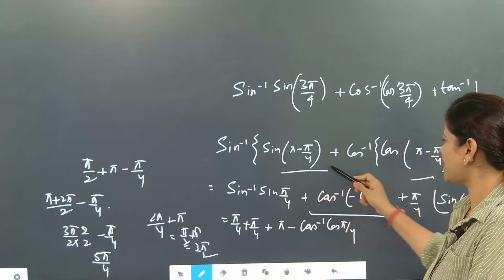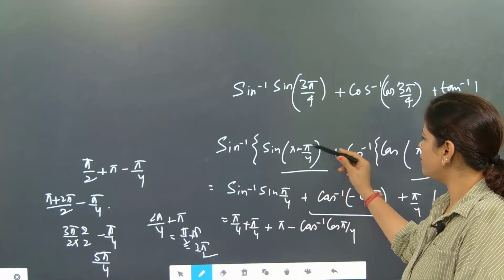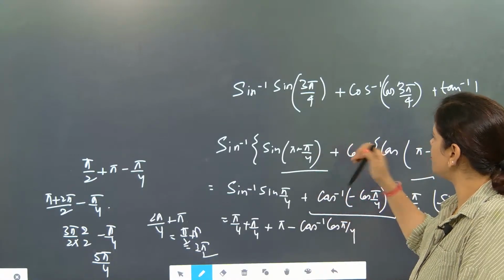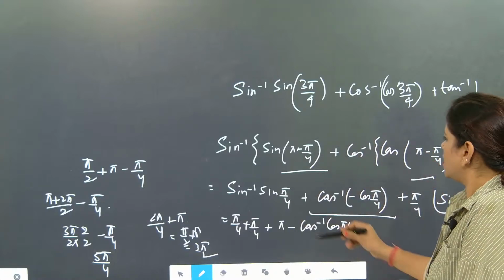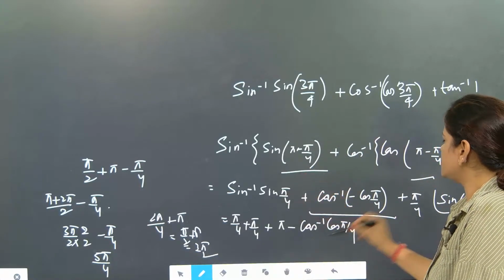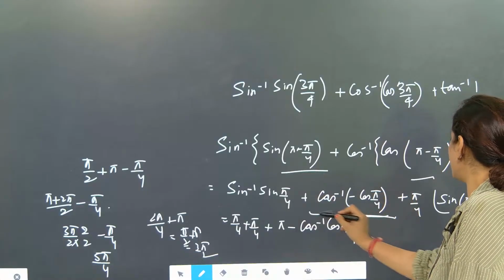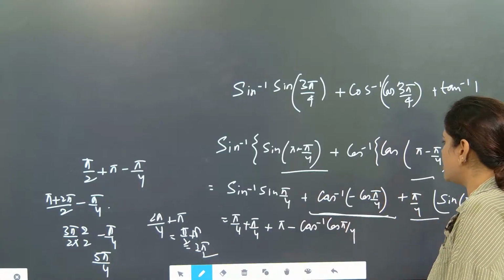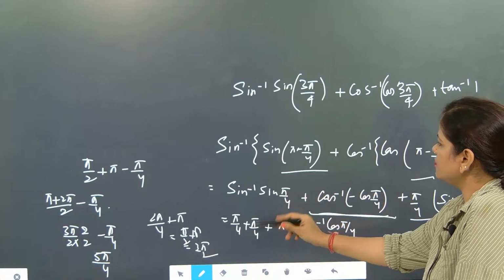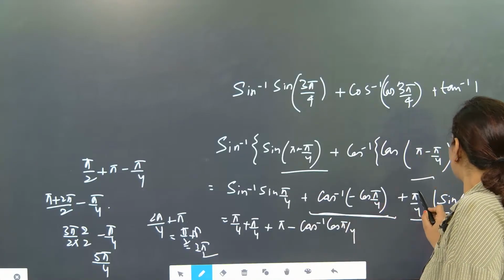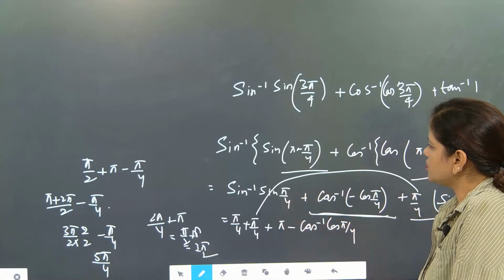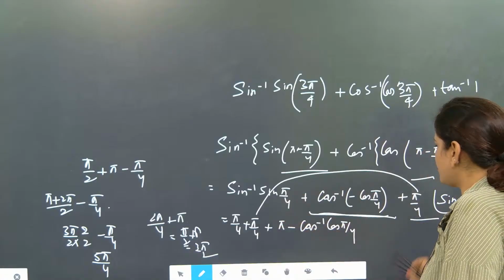This is sine theta, sine of 3 pi by 4. Pi minus pi by 4 is 3 pi by 4. This part is coming positive, this part is coming negative; this part I wrote correctly, this part also I wrote correctly. So the sine inverse part: I added this pi by 4 this side, so it is coming as pi by 4 plus pi by 4.